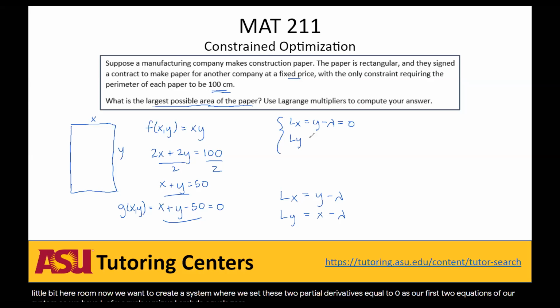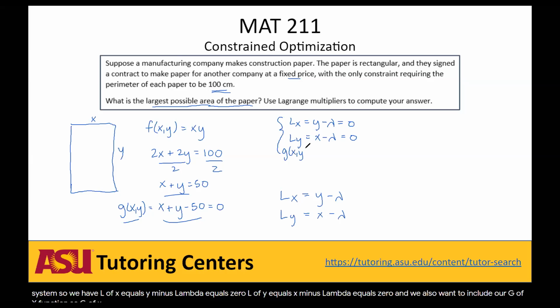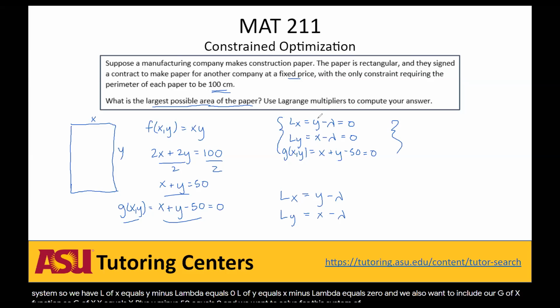L sub y equals x minus lambda equals 0. And we also want to include our g of x, y function: x plus y minus 50 equals 0. And we want to solve for this system of equations.